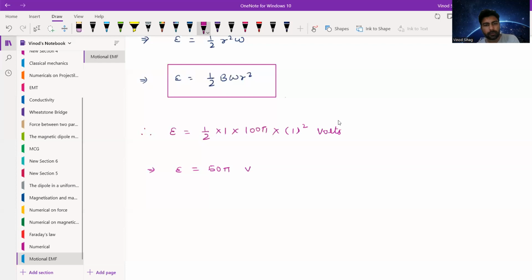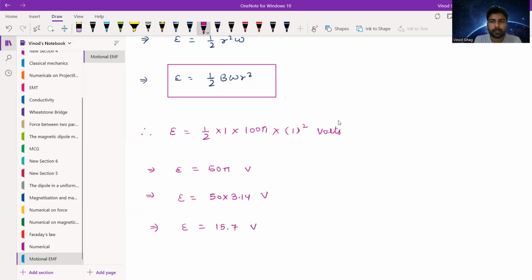So 50 pi volts, or if we multiply, 50 into 3.14 volts.